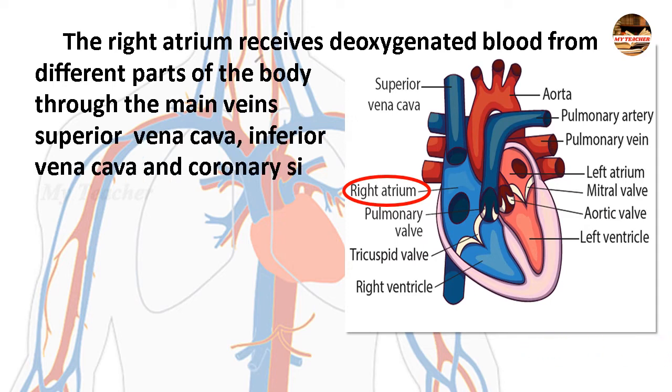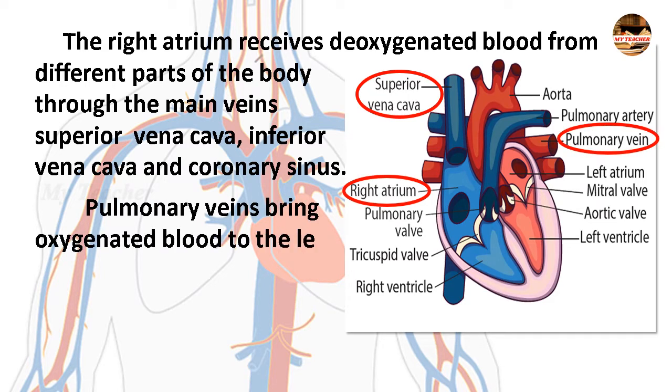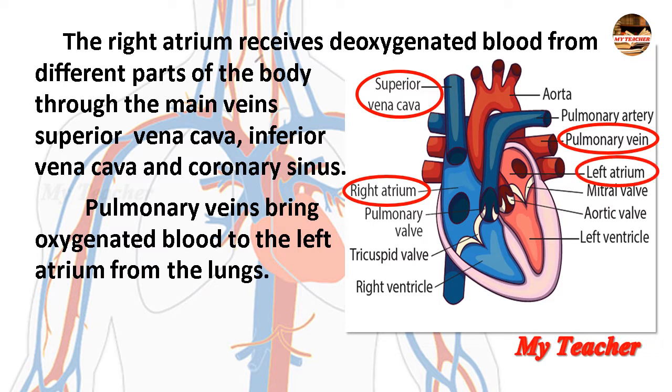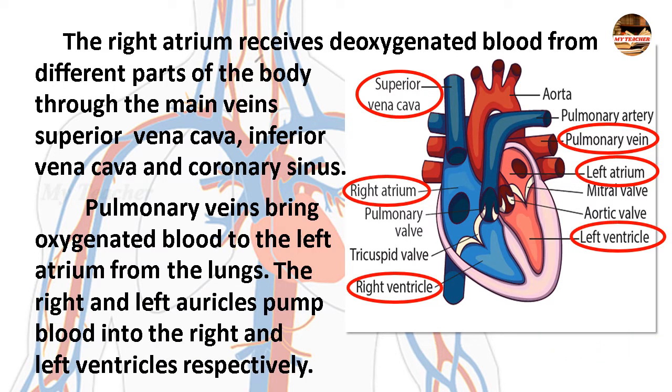They are superior vena cava, inferior vena cava and coronary sinus. Pulmonary veins bring oxygenated blood to the left atrium from the lungs. The right and left auricles pump blood into the right and left ventricles respectively.